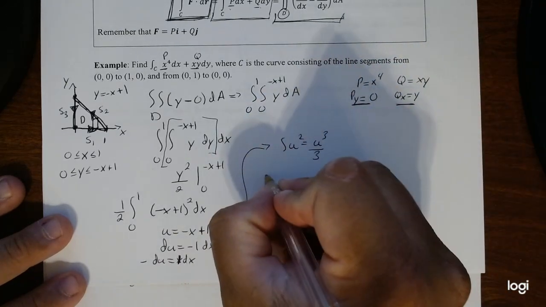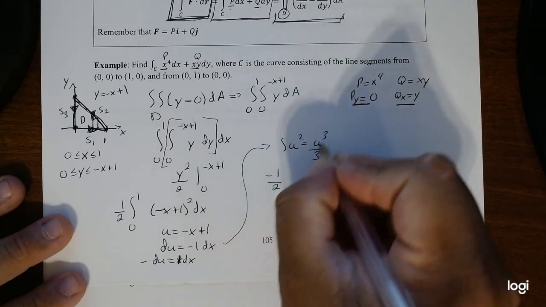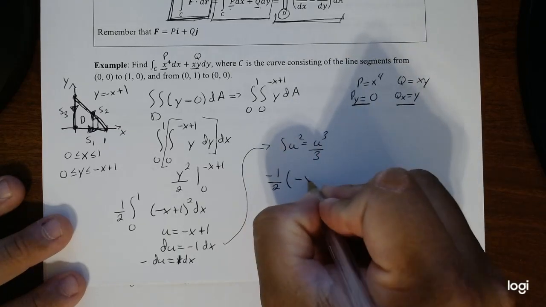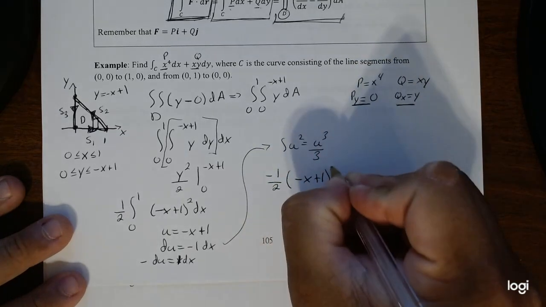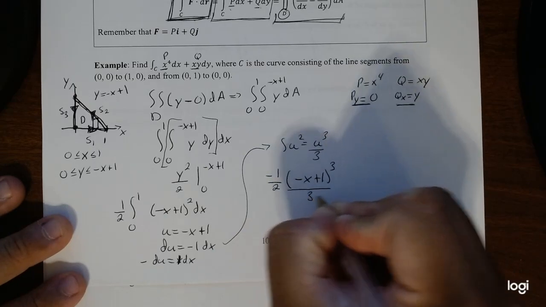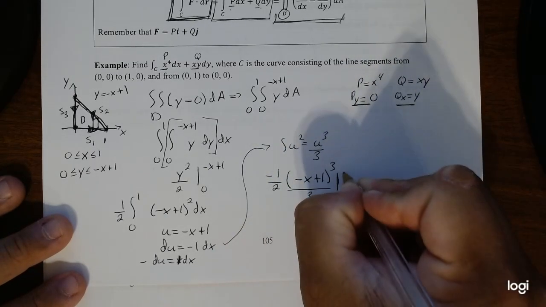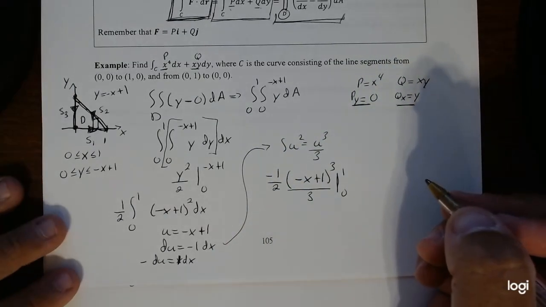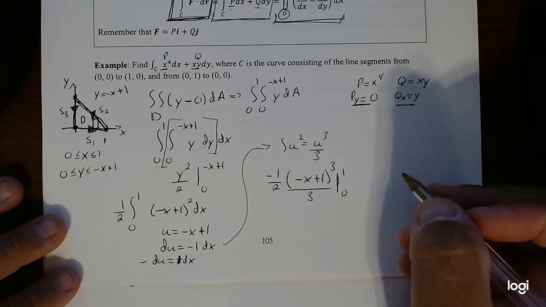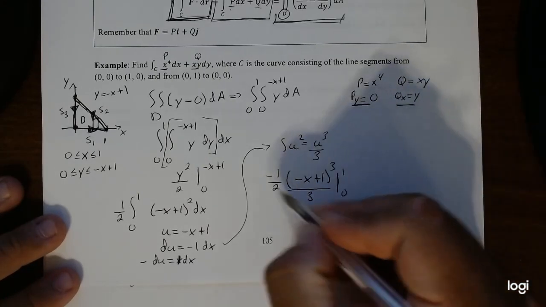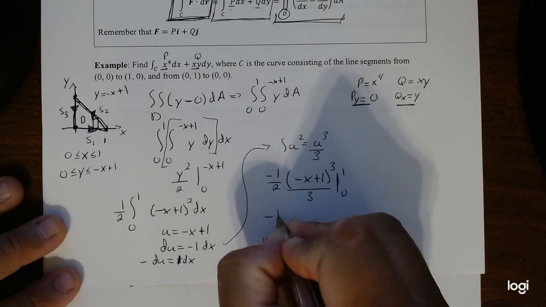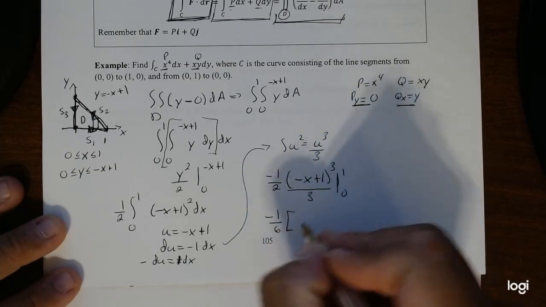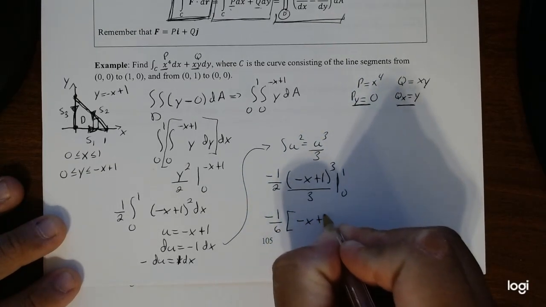So it'll be negative 1/2 of negative x plus 1 cubed over 3, evaluated at 0 and 1. I'll bring this outside, so it'll be negative 1/6 times this.